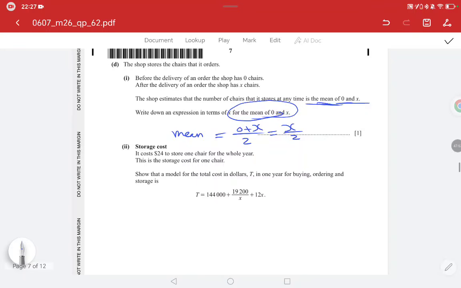Show that the model for the total cost in dollars T in 1 year for buying, ordering, and storage is this one. Okay, so you can say that this T is, number 1, the cost of chairs itself, plus the cost.